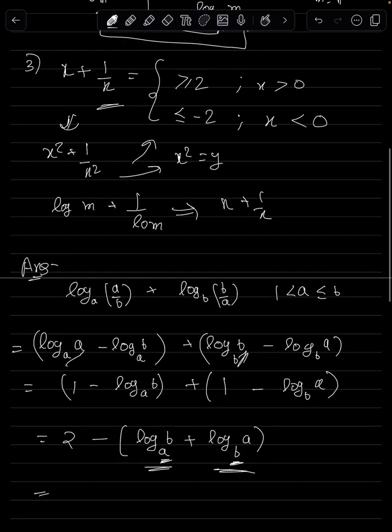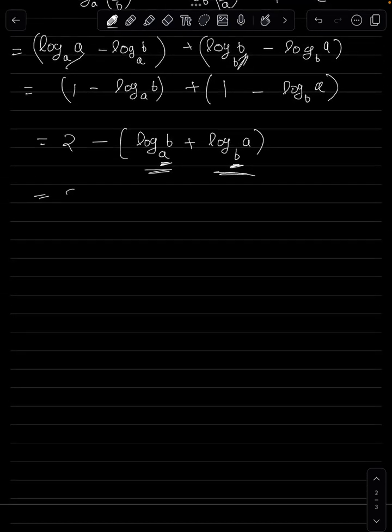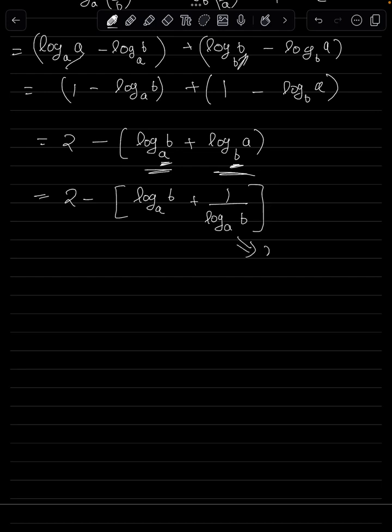So let's use our second property, base change: 2 minus log base a of b plus, now this will become the reciprocal, 1 over log base a of b. Assume this particular value as x. So x is equal to log base a of b. This value will become 2 minus x plus 1 by x.